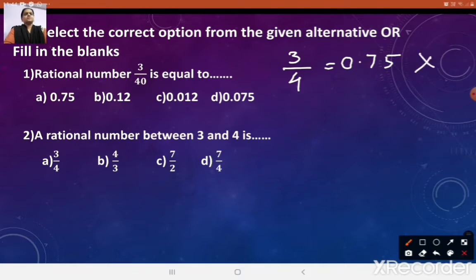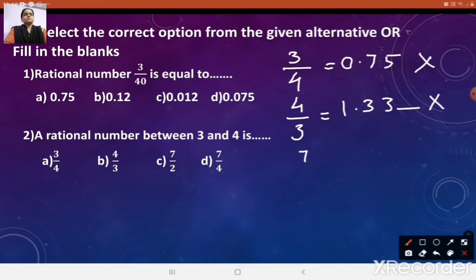No. So the first option is wrong. Second one is 4 by 3. Now divide: 3 1s are 3, remain 1, 3 3s are 9, and the 3 keeps repeating, that is recurring form. Again 1.333. Is that number lying between 3 and 4? No. So the second option is also wrong.